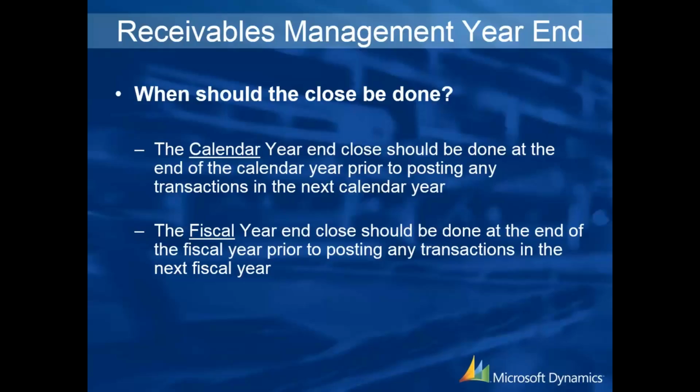And so now we've moved on to sales and the receivables side. For both receivables and purchasing, we have the calendar and the fiscal year-end close. They can be run separately. So if you are on a fiscal calendar other than calendar year, you would close your fiscal year as close to your fiscal year-end as possible, and then the calendar year-end obviously as close to 12/31 as possible.